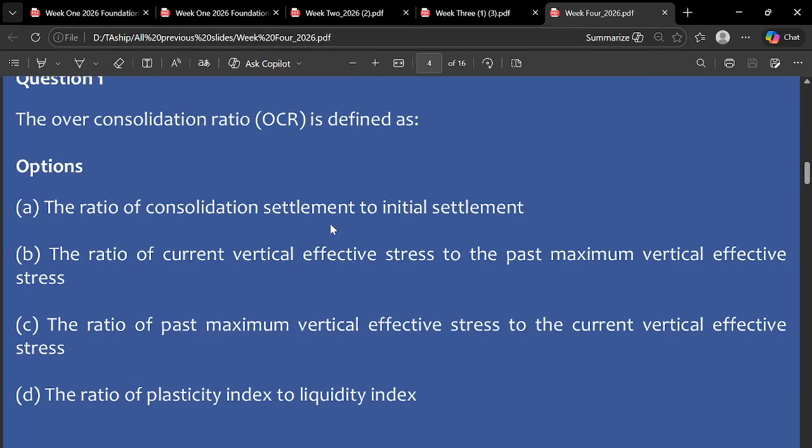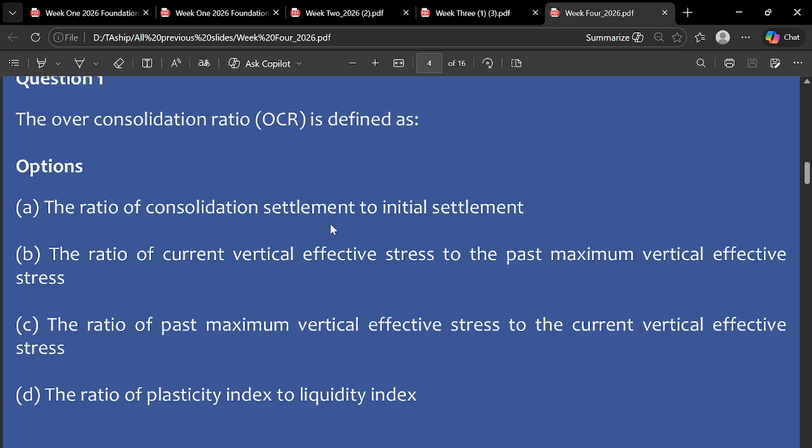First it was about the over consolidation ratio. How will you basically define the over consolidation ratio? Over consolidation ratio is none other than how much stress your soil has experienced in the past and what is the condition right now. So it's basically the ratio of the past maximum vertical effective stress to the current vertical effective stress.